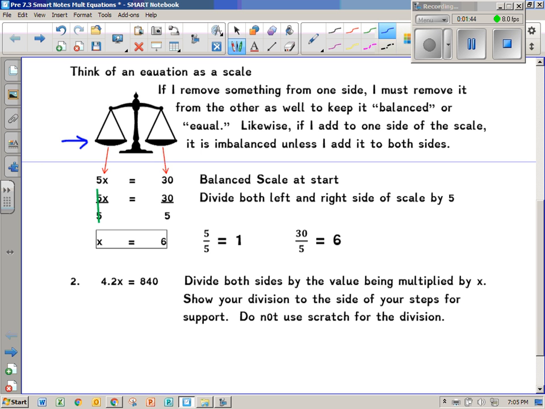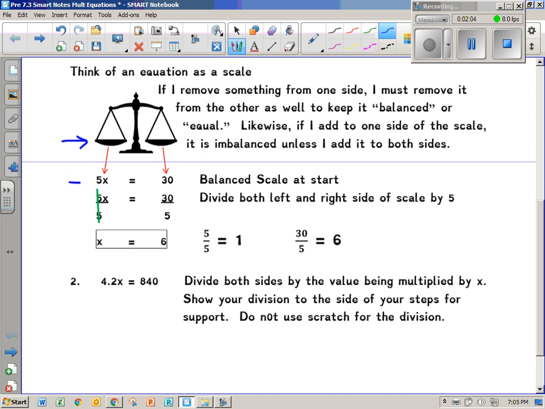If I subtract from one side, I have to subtract from the other side, or it's lopsided. The same thing is true if you multiply the contents of a side or divide the contents of one of the sides by something. It would be imbalanced if you didn't do it to both sides.